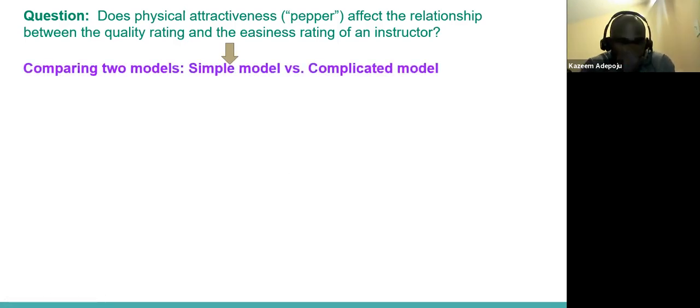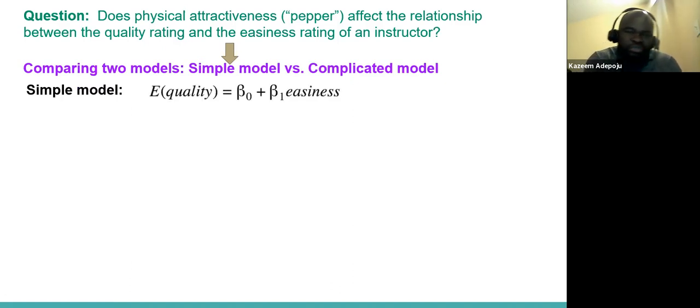Which means we want to compare two models: a simple model with a complicated model. In comparing the simple model with the complicated model, we need to state our simple model. Of course, our simple model is going to be this. What we have done before was comparing a complex model with an intercept model.